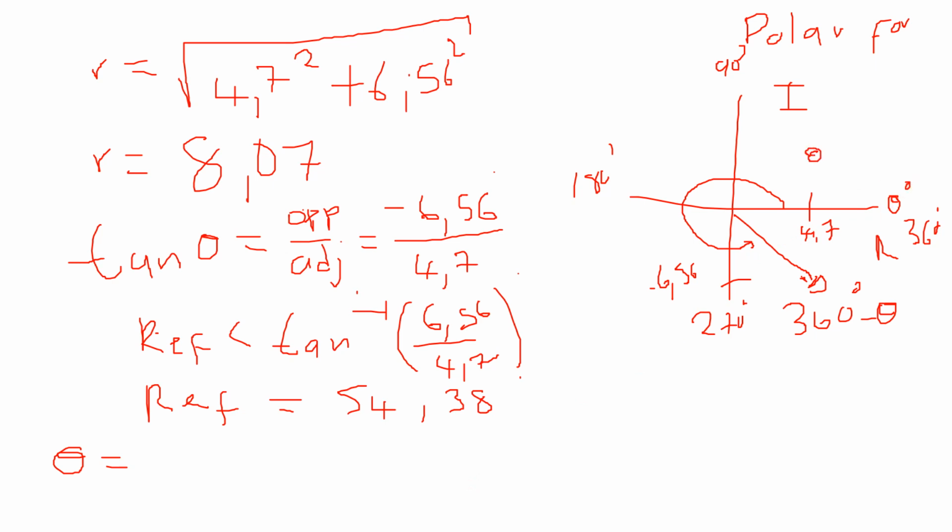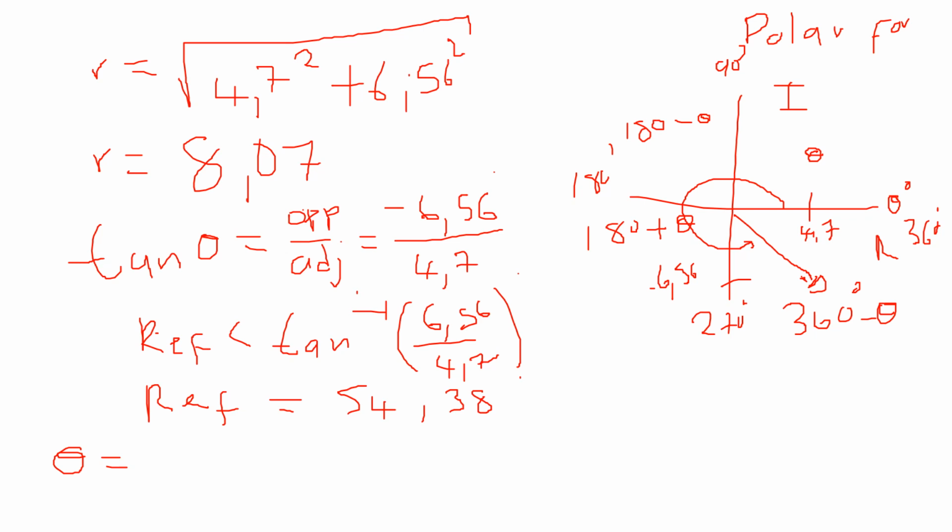That theta is here, and then here it will be 180 minus theta, here it will be 180 plus theta, and in the fourth quadrant it will be 360 minus theta.